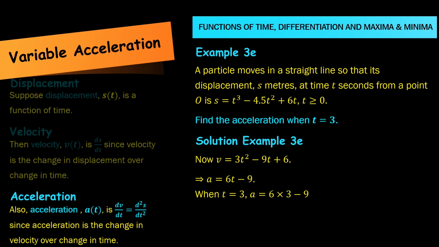When t equals 3, we simply plug t equal to 3 into the equation for acceleration, as shown, to obtain a equals 9. So when t equals 3, a equals 9 meters per second squared.